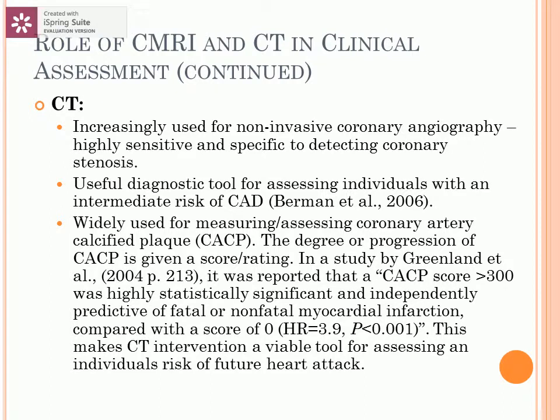So the role of CT in clinical assessment is increasingly used for non-invasive coronary angiography, highly sensitive and specific to detecting coronary stenosis. It's a useful diagnostic tool for assessing individuals with an intermediate risk of coronary artery disease, widely used for measuring and assessing coronary artery calcification plaque. So the degree of or progression of these calcified plaques is given a score.